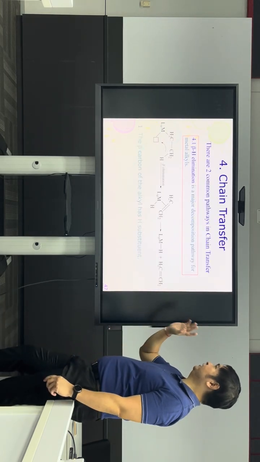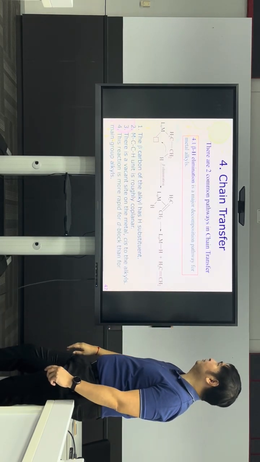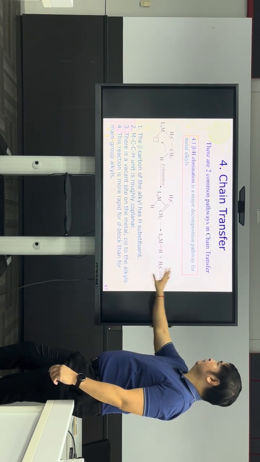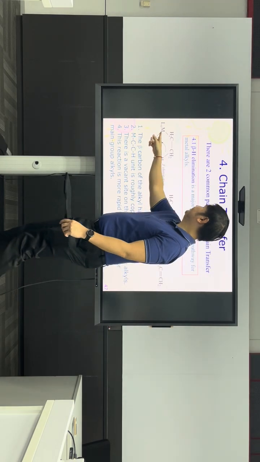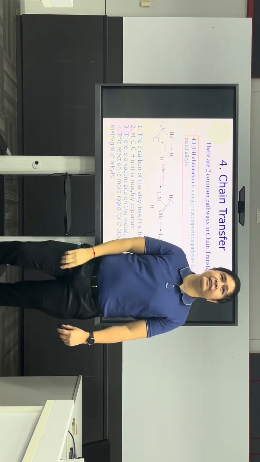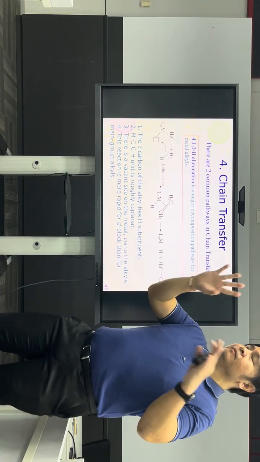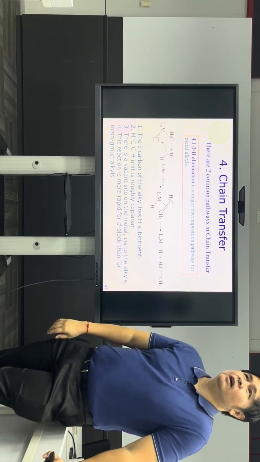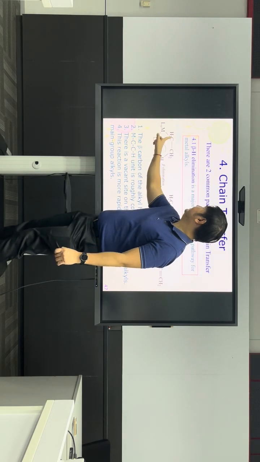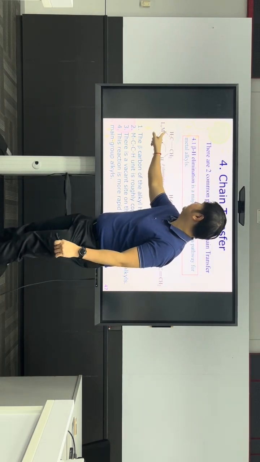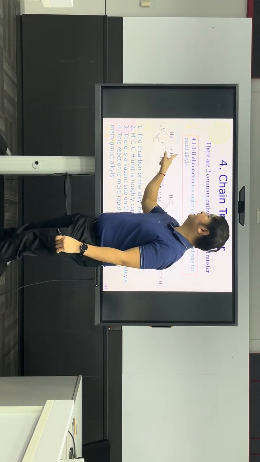Chain transfer, I don't want to go into detail very much, but a common pathway for decomposition is beta hydrogen elimination. When you look at the alkyl group in organometallic compounds, this is the metal, this is the alpha position, and this is the beta position.